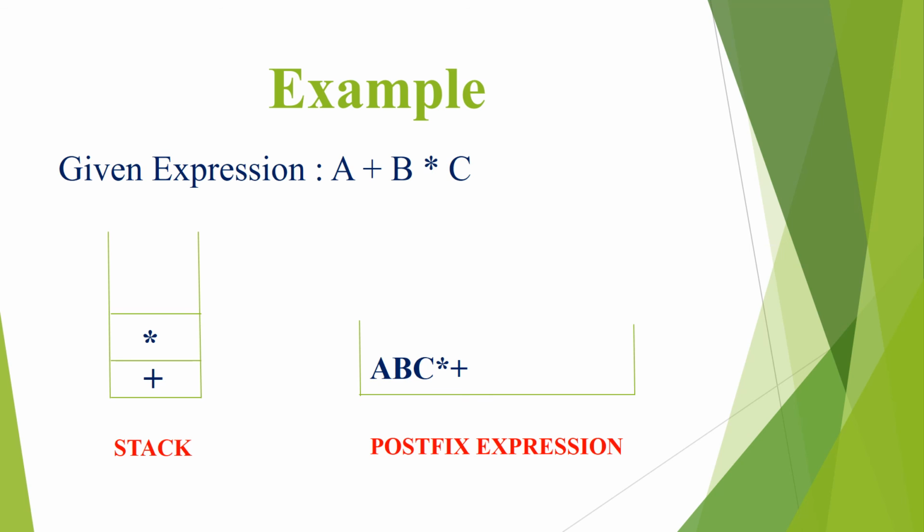The stack is non-empty, which means we have to pop it out from the stack and add it to the postfix expression. Asterisk and plus operators are popped out from the stack and added to the postfix expression. Now I got my final postfix expression as a, b, c, asterisk, plus.